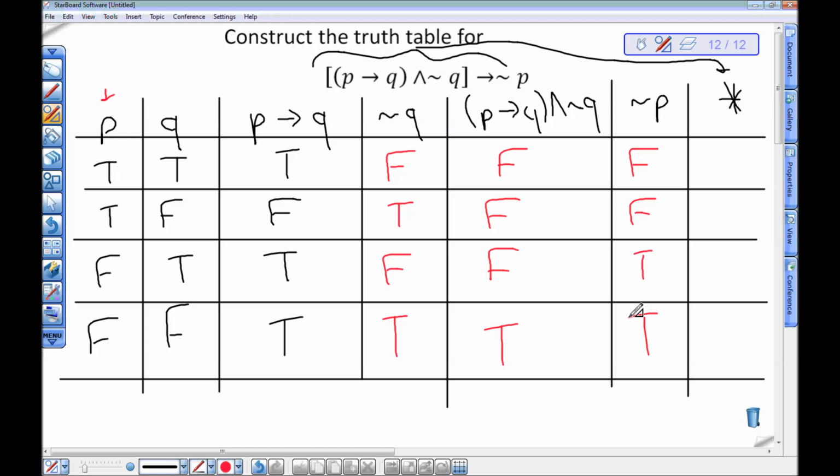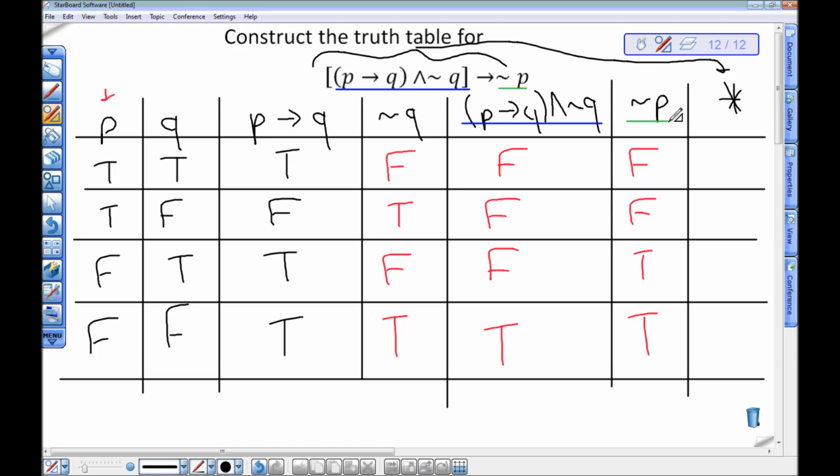And now for my last column, I want to put together this, which I already have right here, and this that I have right here, together with the if-then, together with the conditional. So look at your table for the conditional, follow along.